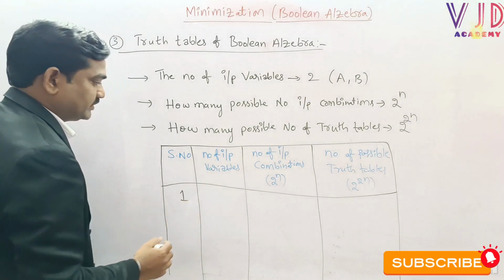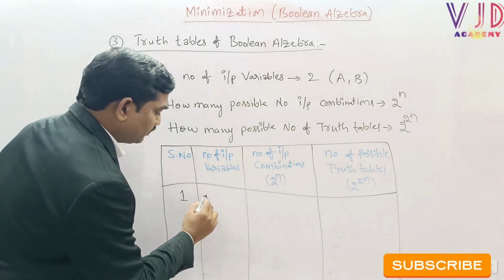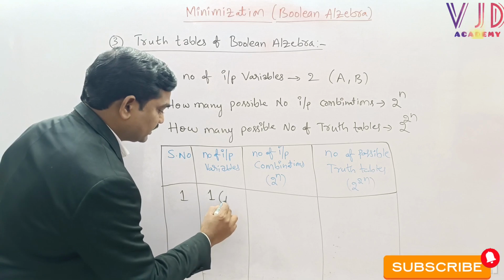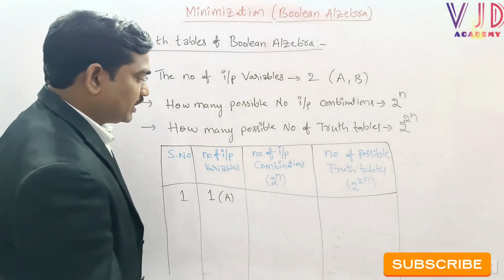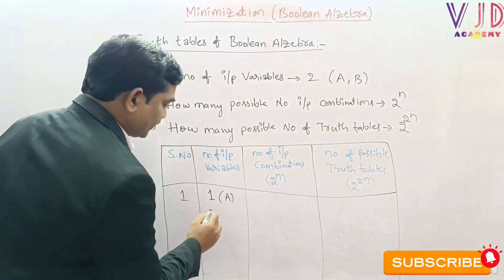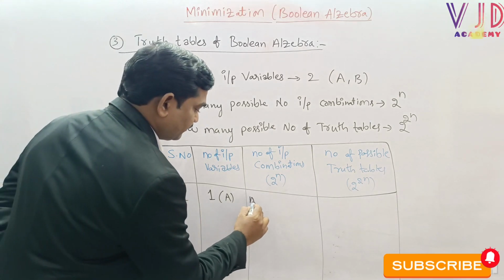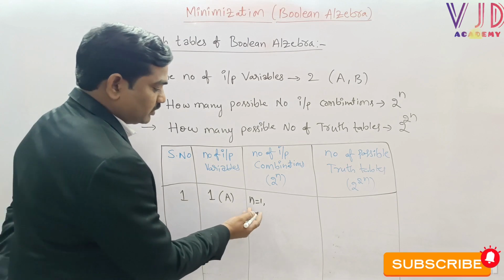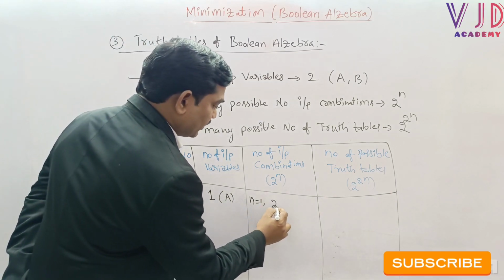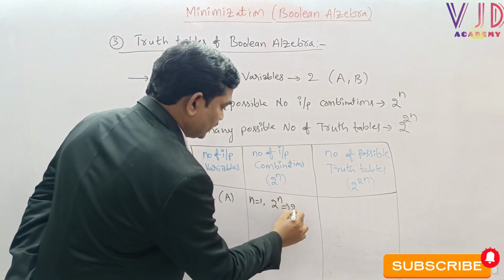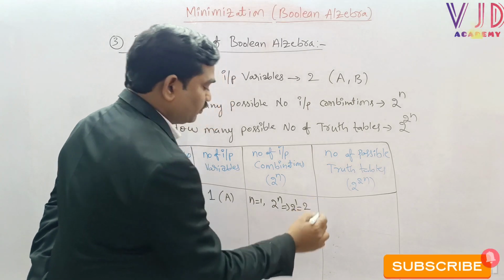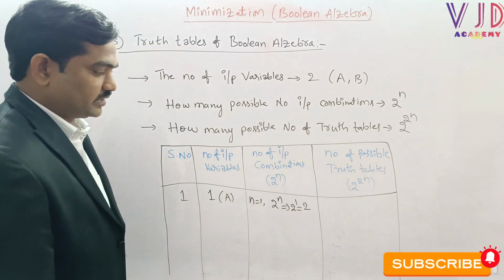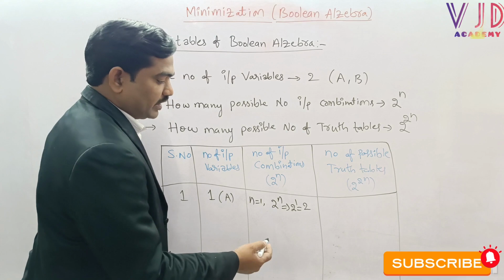Let me take the first case: the input variable is 1, which we call A. So n equals 1 because there is only one variable. Here 2 power n means 2 power 1, so we have 2 possible input combinations, which are 0 and 1.